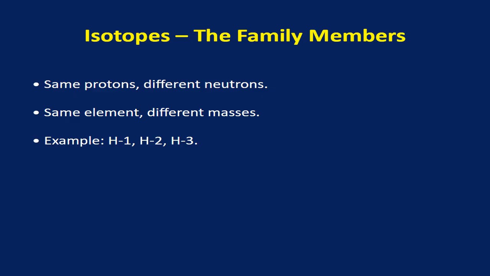They have the same name, like hydrogen, because they have the same number of protons, but they have different weights. Because of the neutrons, hydrogen, for example, has 3 isotopes, H1, H2 and H3. They all have one proton but different weights.